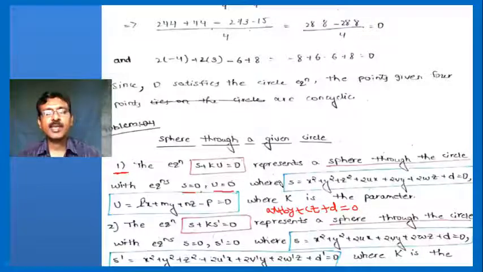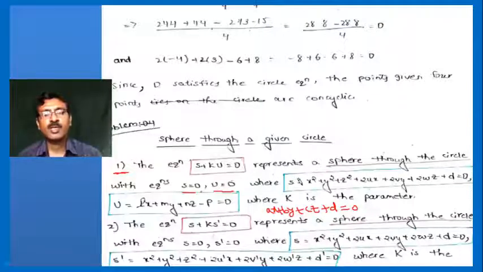Here is the circle, which is the intersection of the plane U equal to 0 and the sphere S equal to 0. Now we are going to find the equation of a sphere passing through the circle generated by S equal to 0 and U equal to 0.